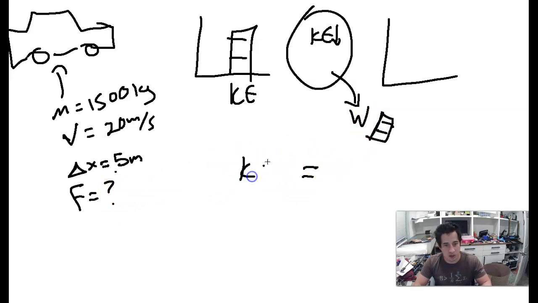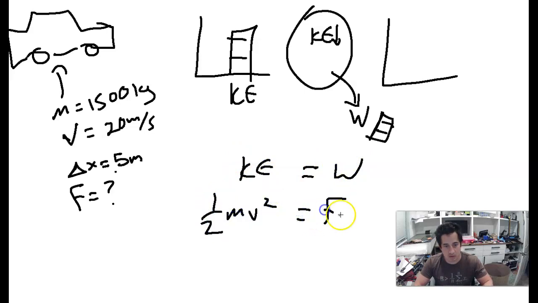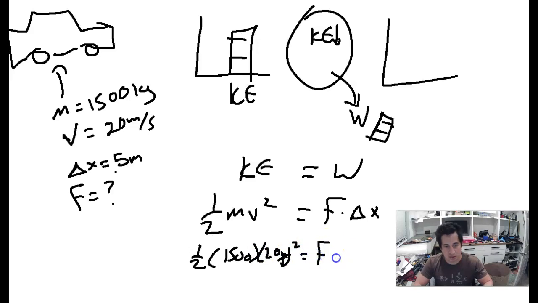And so kinetic energy equal to work, that's 1/2 times m times v squared equal to F times displacement. And so this is 1/2 times 1,500 times our 20 meters per second squared equal to F times 5 meters. Okay?